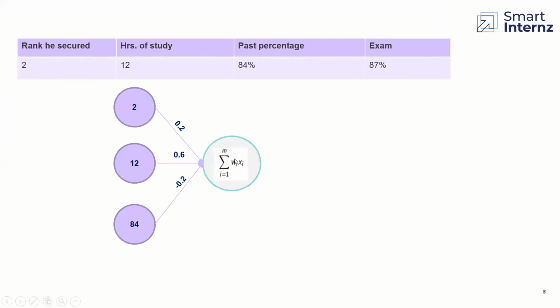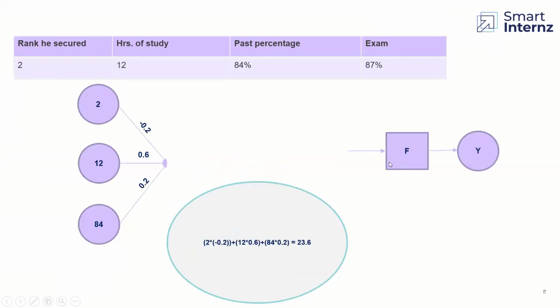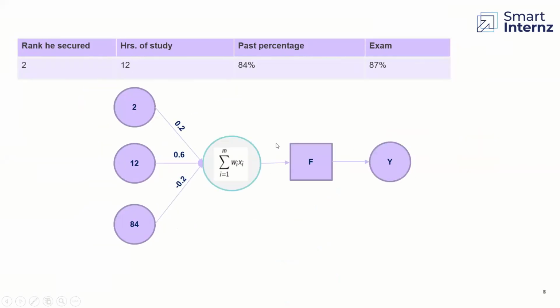The summation function is applied to this data, then it goes on to the activation function, and after the activation function, we will get the output. This is the architecture based on the data we are feeding as input, 2, 12, 84. We have to predict the percentage of that student in the examination.